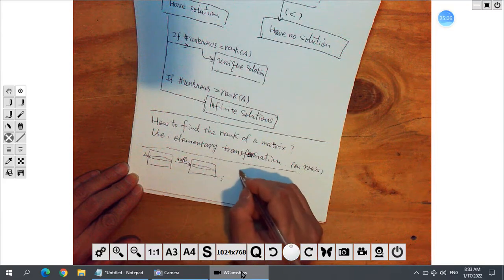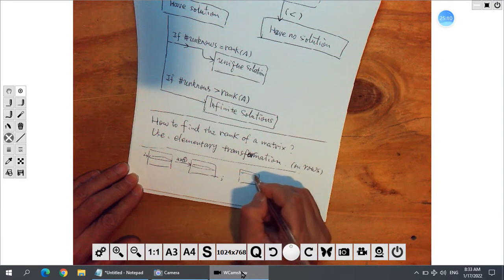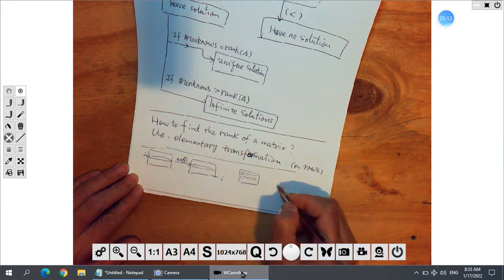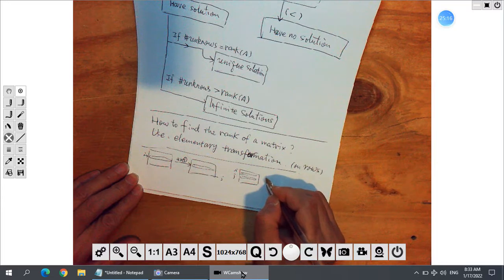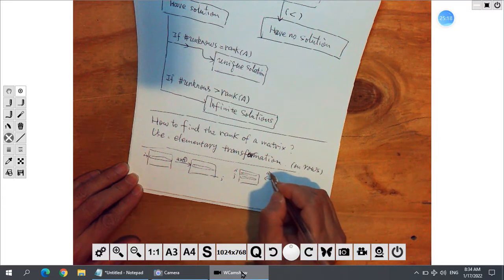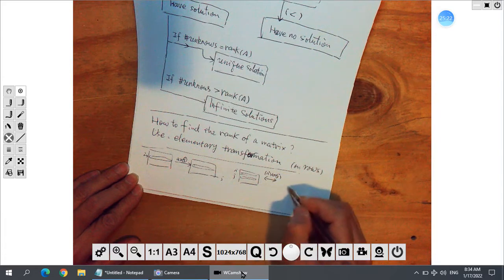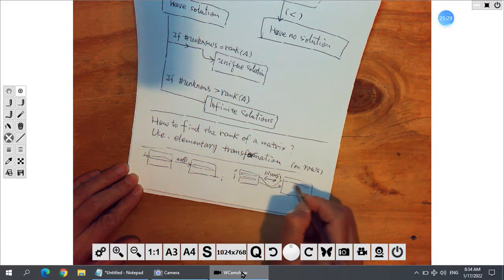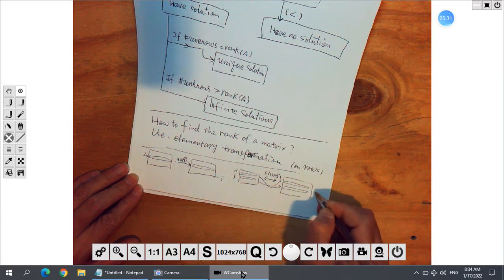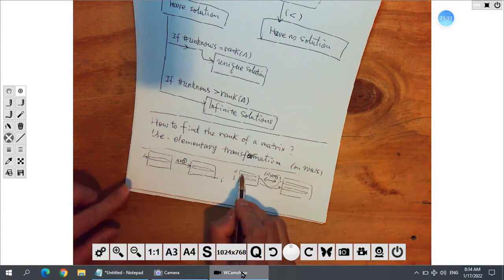We can also consider two rows, the ith and the jth, and switch these two rows. This one goes to here, and this one goes to here.